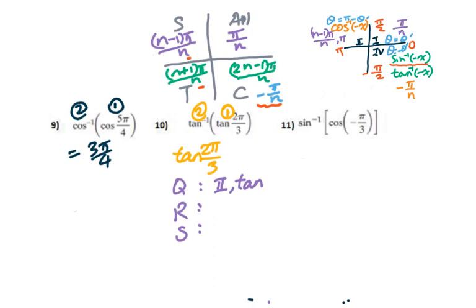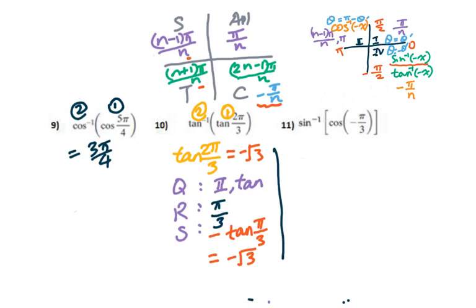Reference angle is pi over 3. The sign for tangent in the second quadrant will be negative. So I write down negative tangent pi over 3. Tangent 60 is square root of 3. So the answer will be negative square root of 3.